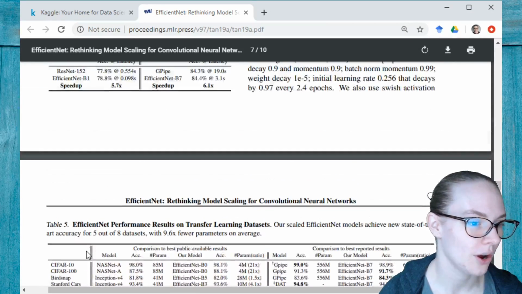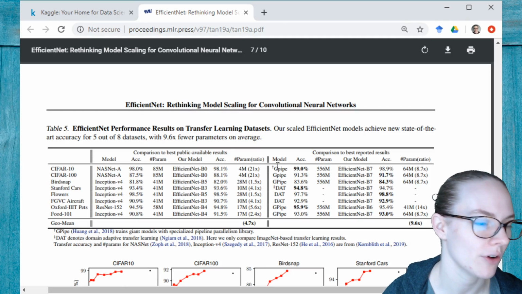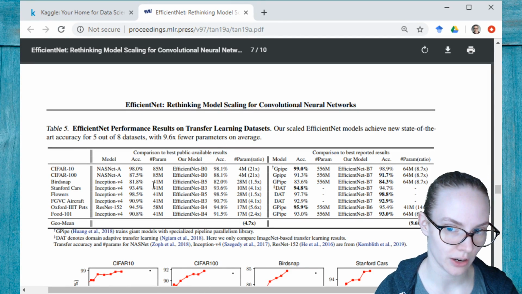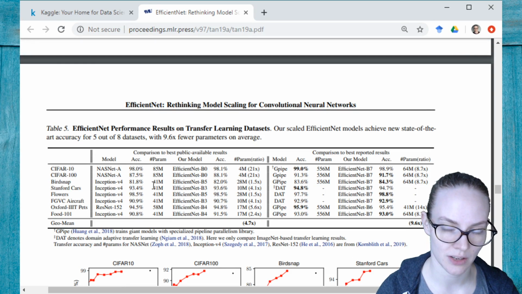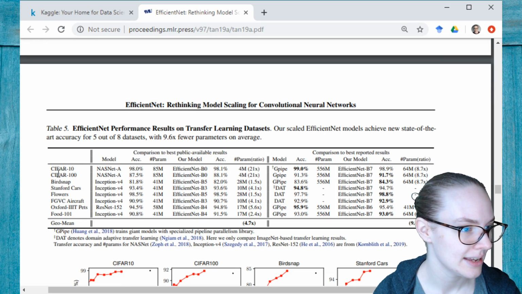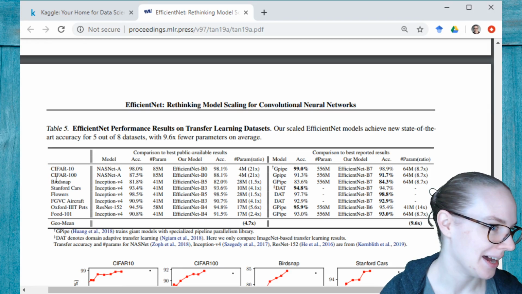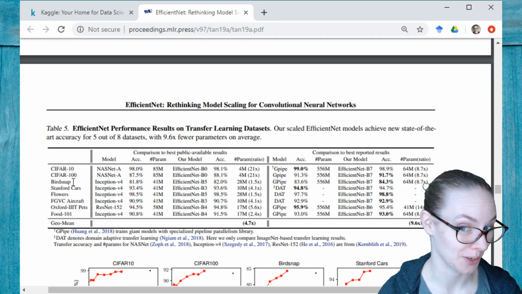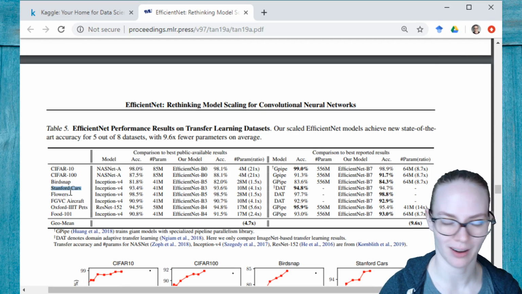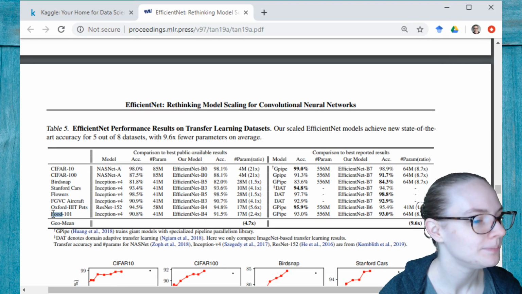All right, so have we looked at this paper yet? I don't think we have. Okay, so this is the transfer learning one. So this is training on one data set, specifically ImageNet, and then seeing how well you do with other data sets like CIFAR 10, CIFAR 100, don't know what's in them, pictures probably, BirdSnap, pictures of birds, Stanford cars, oh I do know this, you have to identify the car, like make and model, flowers, aircraft, pets, and food.